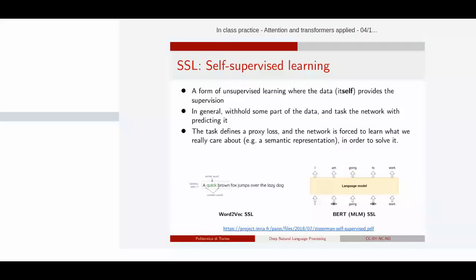The idea of self-supervised learning is that we can define a proxy loss. It means that we have a task with a given loss that is able to make the model general and generalizable to different downstream tasks. And the idea is that it can learn semantic representations.